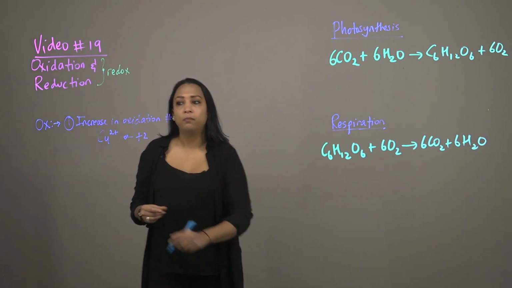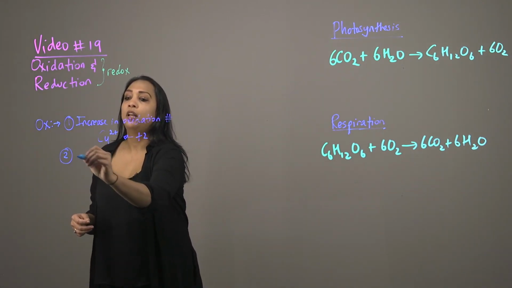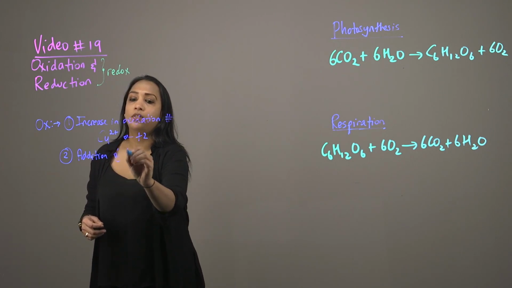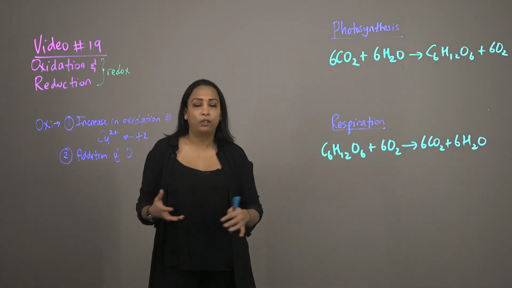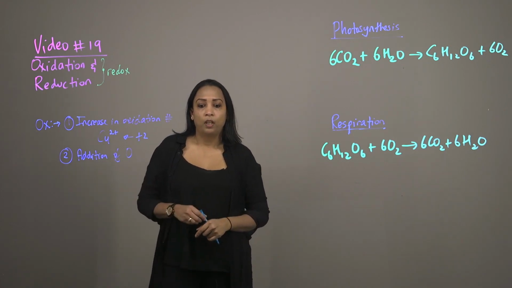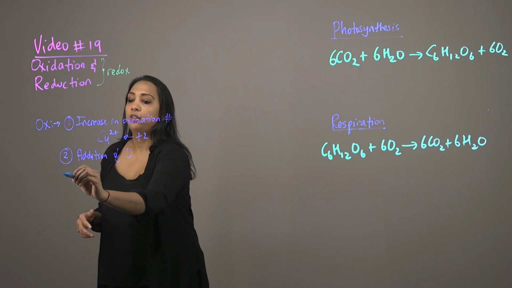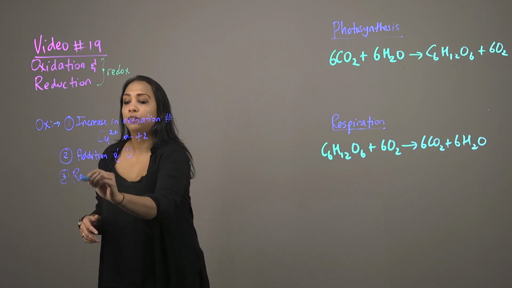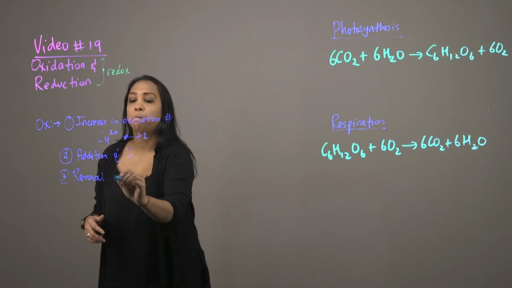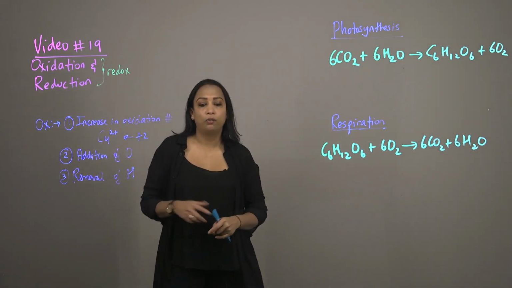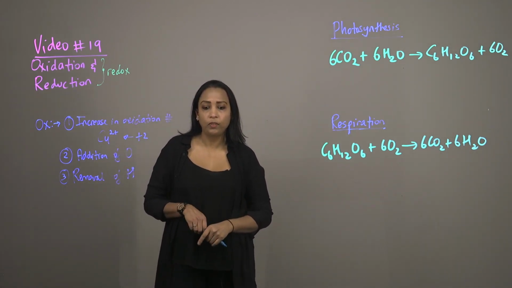At the same time, we can define oxidation as the addition of oxygen onto a molecule or a species. Alongside that, we can say that oxidation is the removal of hydrogen atoms from a molecule or species.